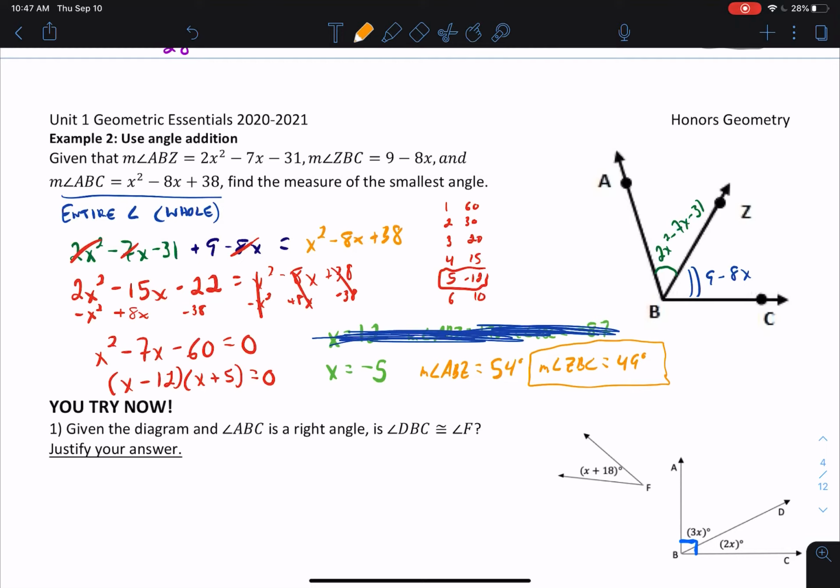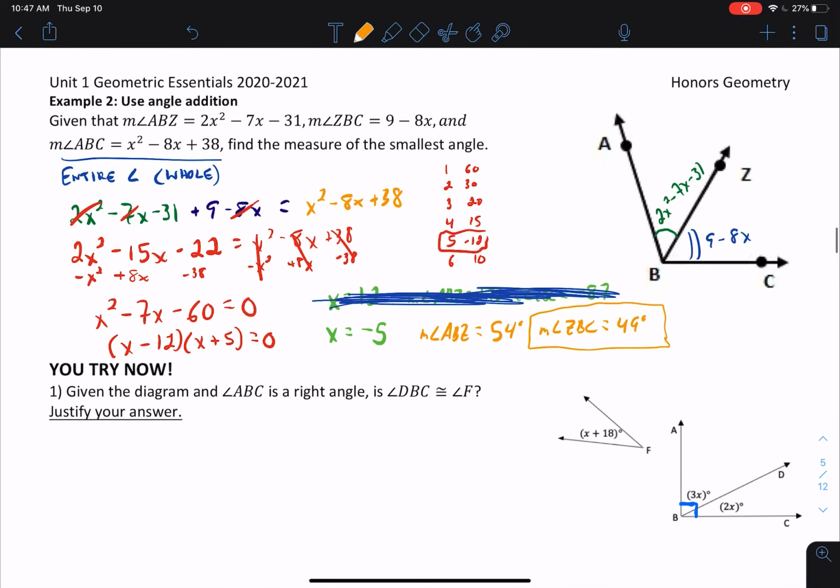There may be times that both x's work, and there could be two different scenarios, two different angles that satisfy this equation. So it's very important. We have to check all our work and make sure that if we're talking about segments and angles, we are not getting a negative answer. That's how we do something with a quadratic and our angle addition postulate or segment addition postulate. The big thing: check those x's. Make sure you don't have any negative segments or angles.